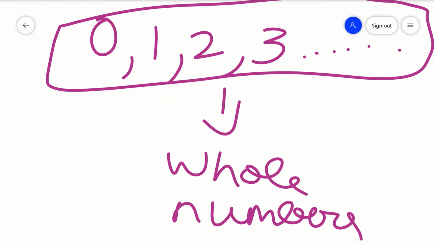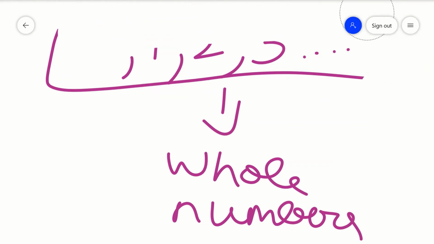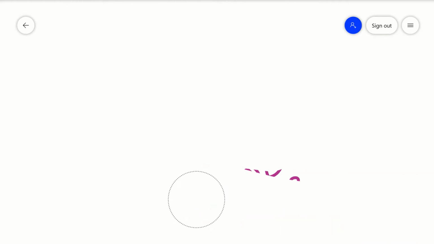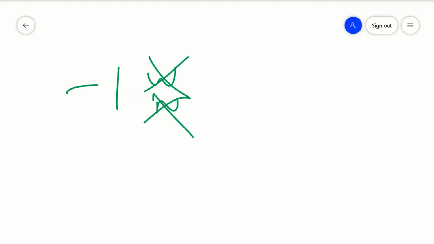Okay, so I'll give you some problems. Is this a whole number or a natural number? This is not a whole or a natural. This is not both whole number and natural number. It is an integer.